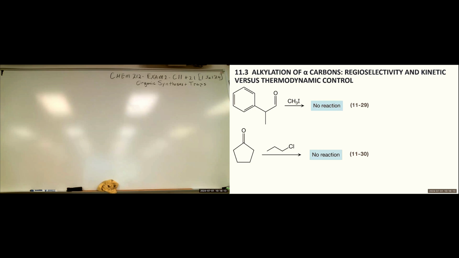Ooh, how did that get upside down? Is yours upside down? Yeah. Okay, there's an epoxide. You have to read upside down.